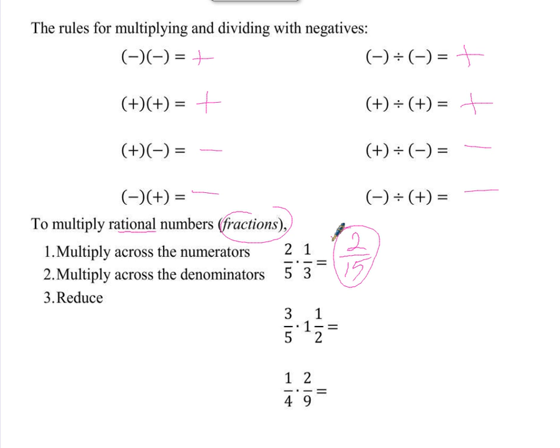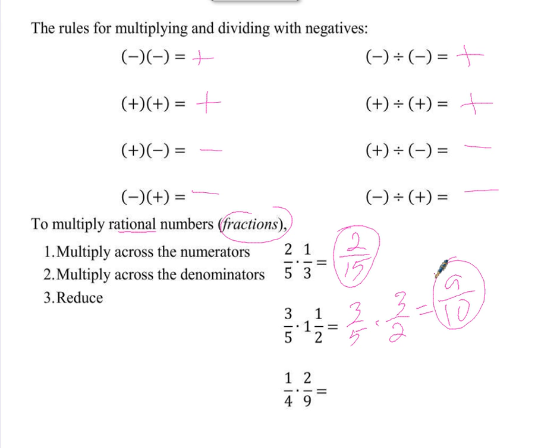So this turns into 3/5 times what? 2 times 1 is 2, plus 1 is 3, so you get 3/2. Now we can multiply. Multiply across, and you get what up top? 9/10. Does that reduce? No, 9/10 does not reduce.